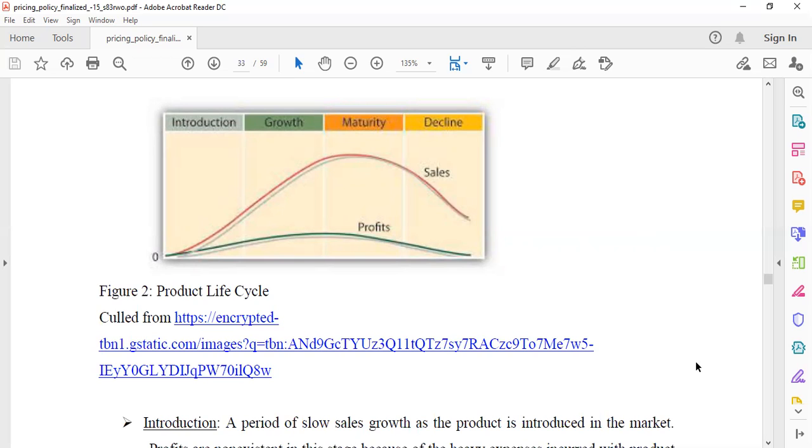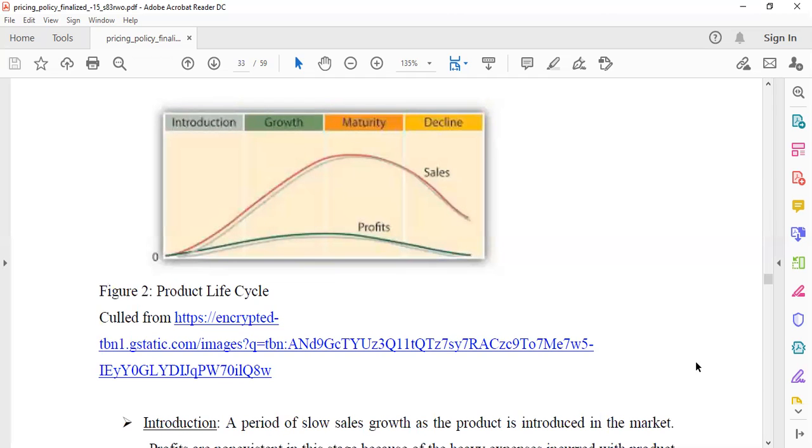New products, in most cases, are introduced into the market with a very low price, what we call a penetration strategy, such that people could afford to buy it, if not for anything, for the price, given that it's a new product.